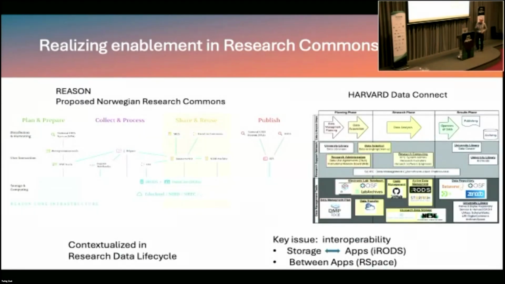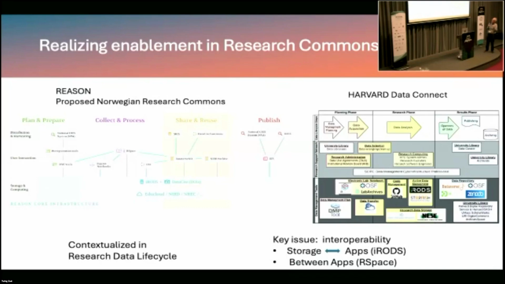So here are a couple of examples of research commons. What does this actually mean? The first is a proposed Norwegian research commons, which was the first ever research commons to be based on the GORC model. And you can see again it is quite familiar to Ander's model. So you have storage at the bottom, and then you have iRODS as a broker. And then critically, the notion of the research data lifecycle comes in.